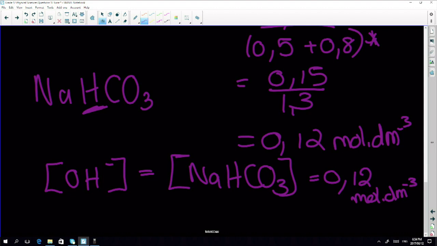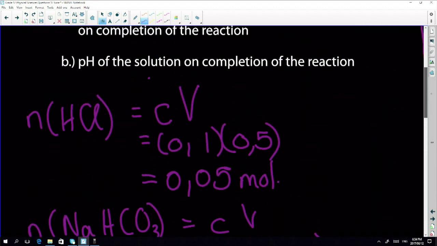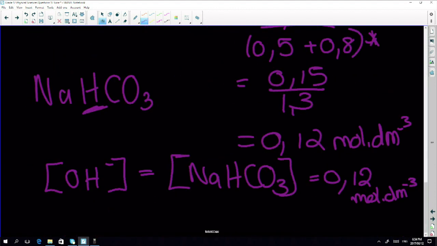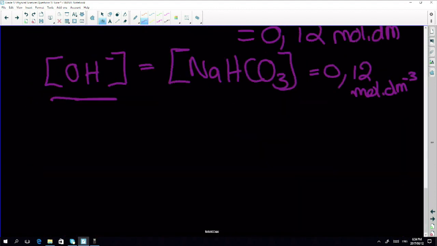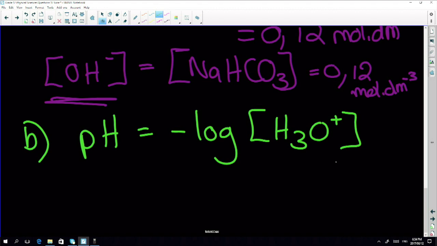There is no shortcut to this question. None whatsoever, I'm afraid. In fact, the very next question relies on this answer because now they ask you to calculate the pH, and I'm going to have to go really quickly. You've got the OH. Remember, pH is the negative log of the H3O plus concentration.